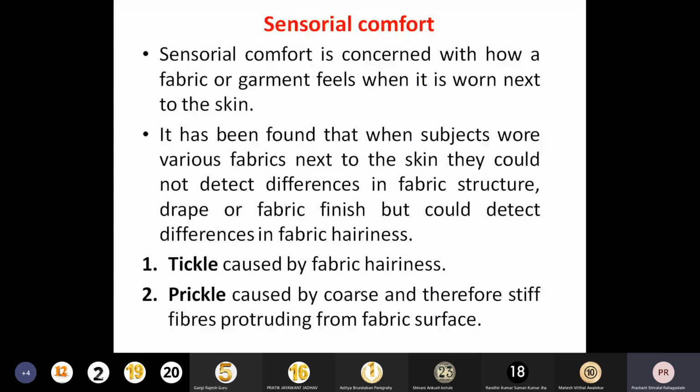So it is related to the sense of our skin, because your skin will only feel if it comes in contact with your skin. If the fabric or the garment comes in contact with the skin, then only your skin can feel whether it is comfortable or not.